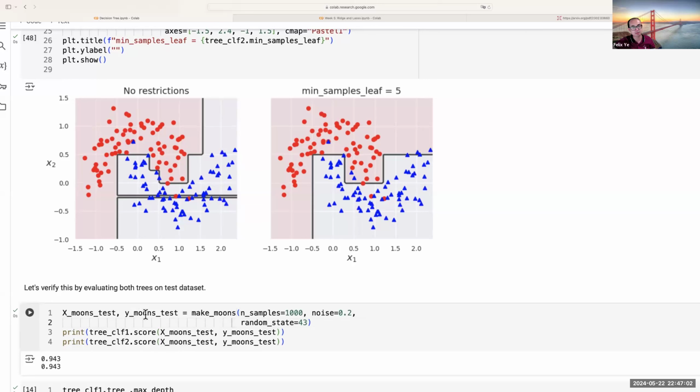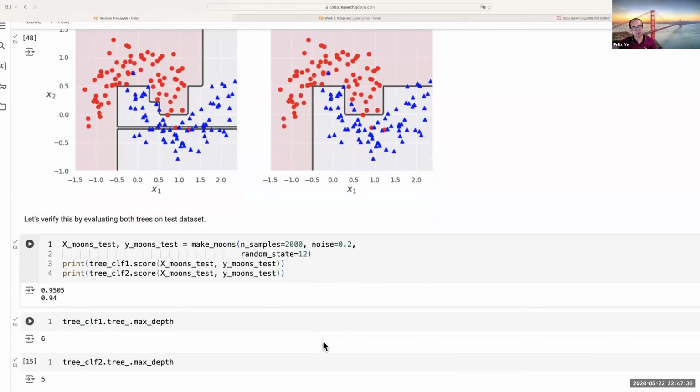So let's verify that with different random samples here. Let's see whether we can get an additional maybe 2,000 points. On the first one, we get about 95% accuracy. On the second one, we get 94% accuracy.